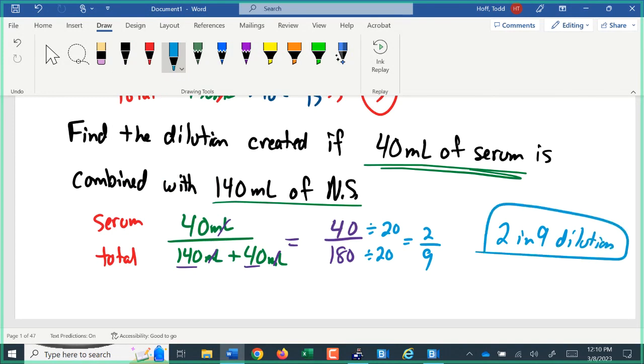So we have to be very careful when we're looking at these dilutions to make sure that if we're given the saline, that we add the serum to that to get the total amount of solution. Some of the examples we do, in fact, we'll do a couple of examples right now where it's very important to have that accurate dilution.